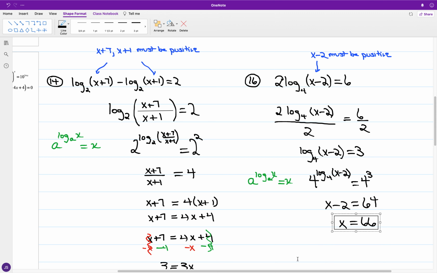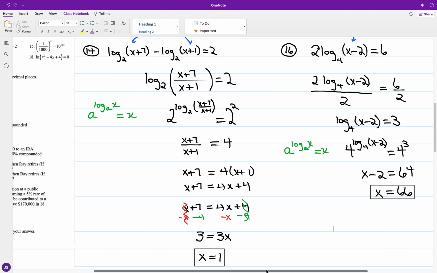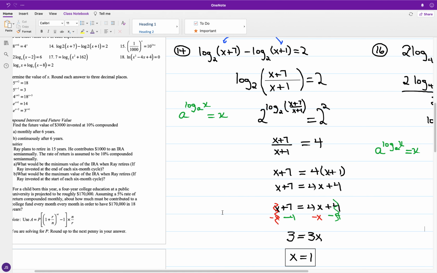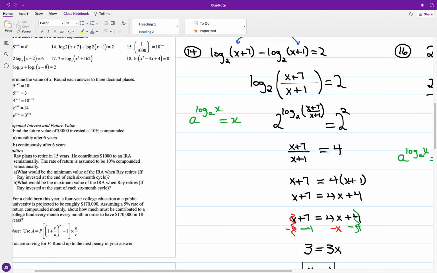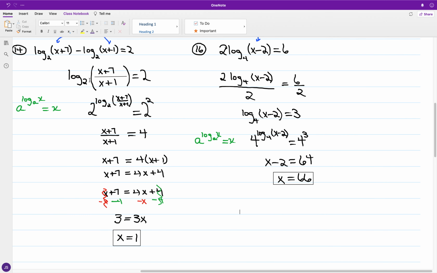Now looking at number 17, this time we have 7 is equal to the base 3 logarithm of the quantity x squared plus 162.